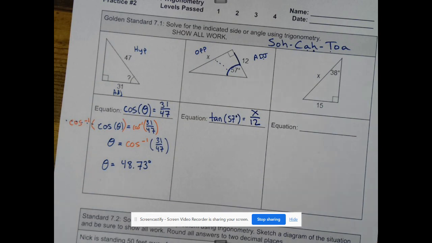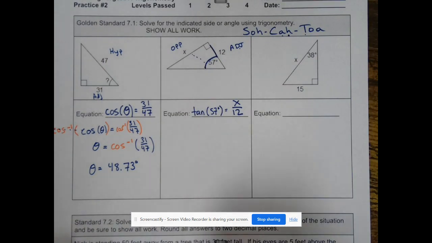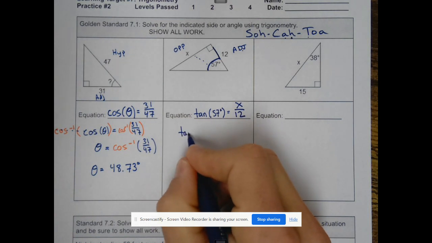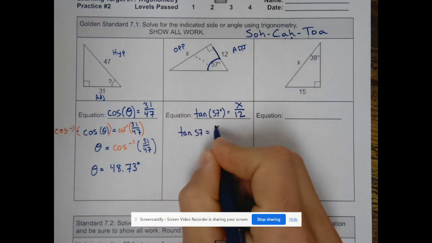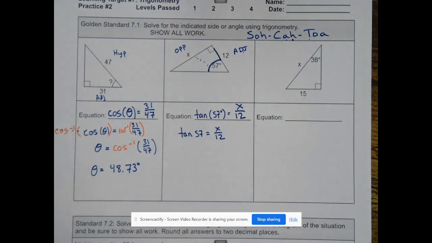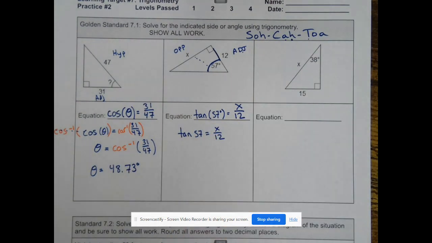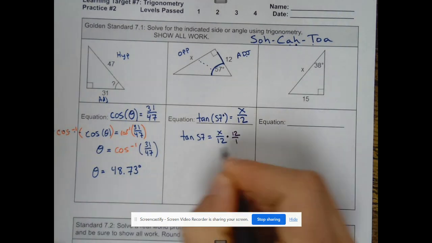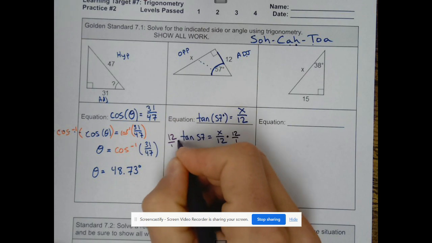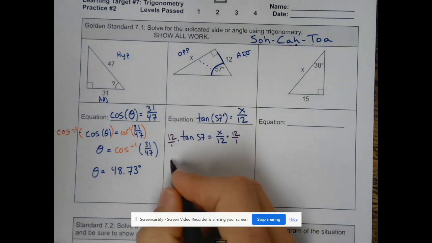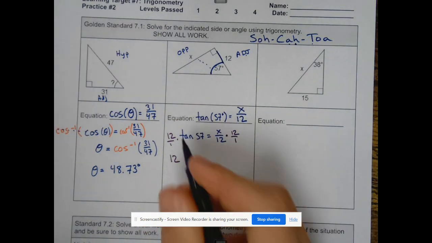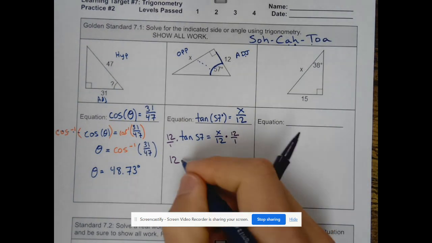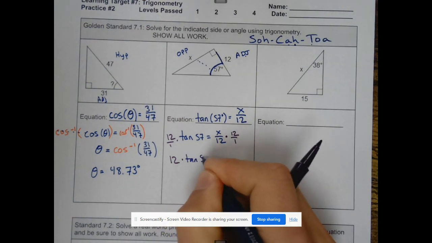Okay, great. Next, how do we start solving this? I'm going to recommend you just rewrite it down here to give yourself space. First step, what are we going to do here? We want to undo our fraction to get x by itself. So let's multiply both sides by 12 over 1. When I do that, on the left side of the equal sign, I get 12 times the tangent of 57 degrees.